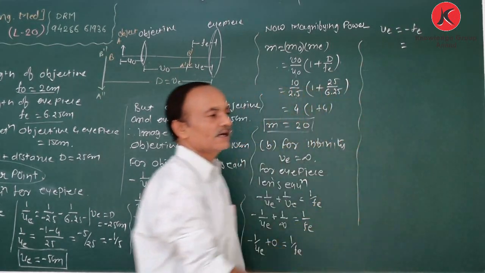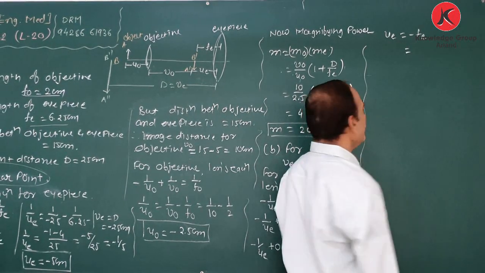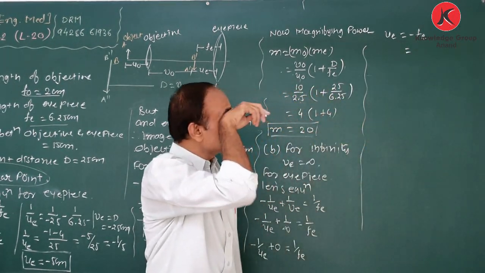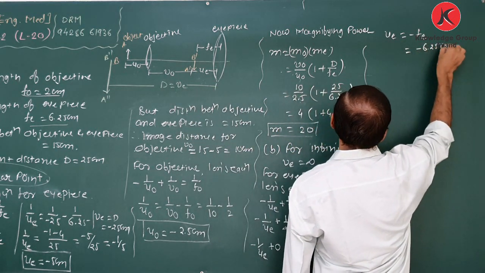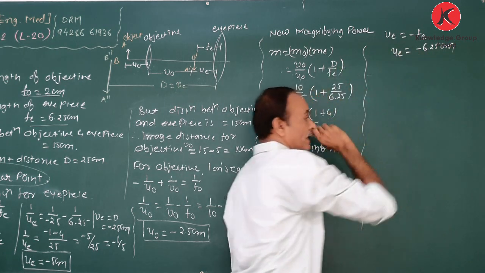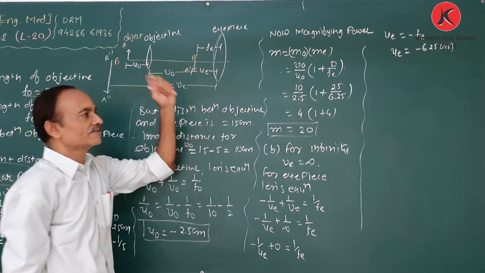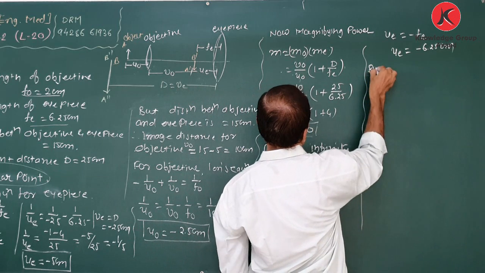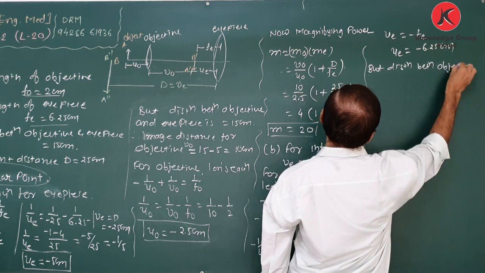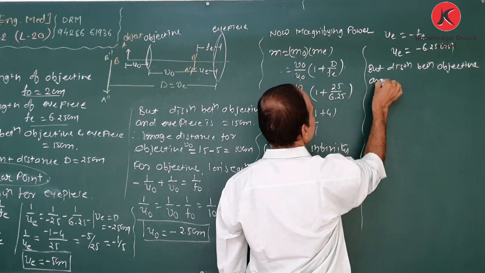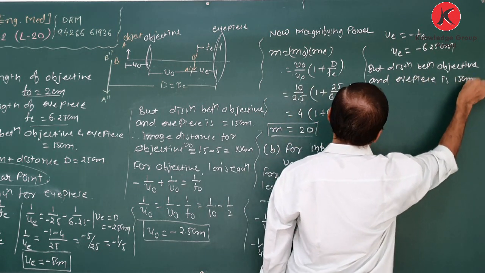Now, FE, the focal length of the eyepiece, is given as 6.25 centimeter. So UE is minus 6.25 centimeter, the object distance for the eyepiece. But the distance between the objective and eyepiece is 15 centimeter.